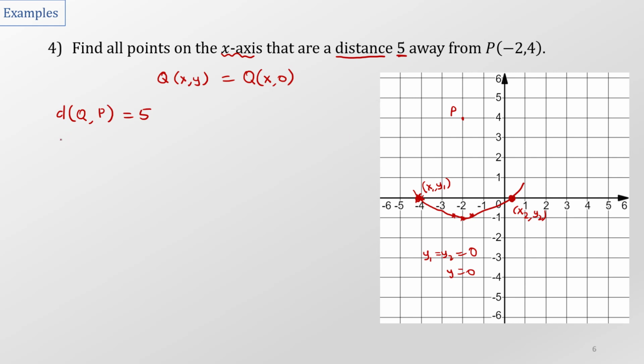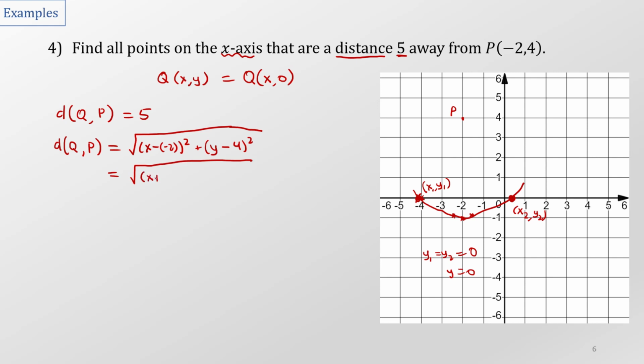On the other hand, we can actually write down a formula for this distance. The distance between our point Q and the given point P will be the square root of x minus a negative 2 squared plus y minus 4 squared. And since we know the value of y, we can simplify some things here.